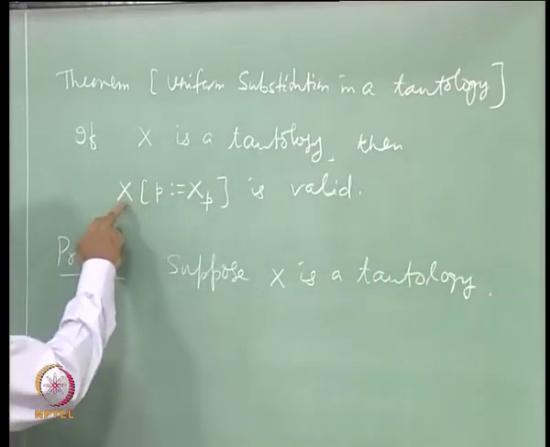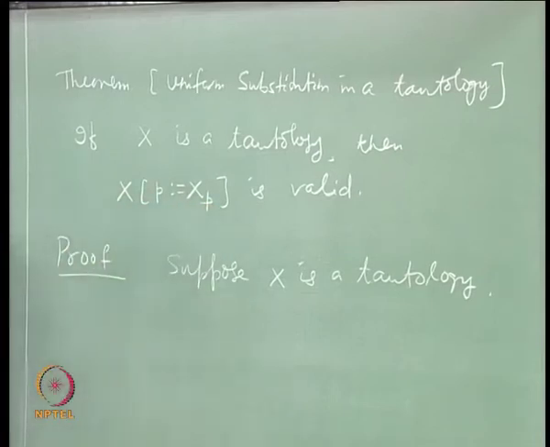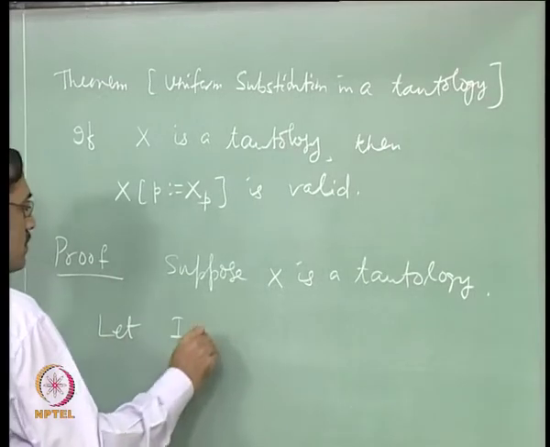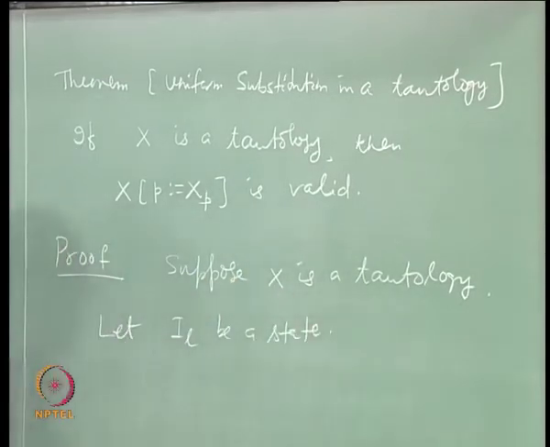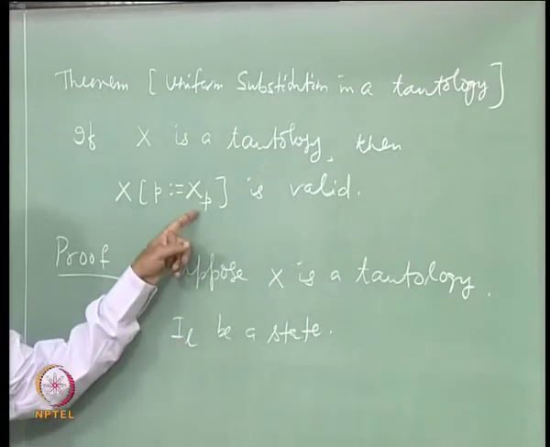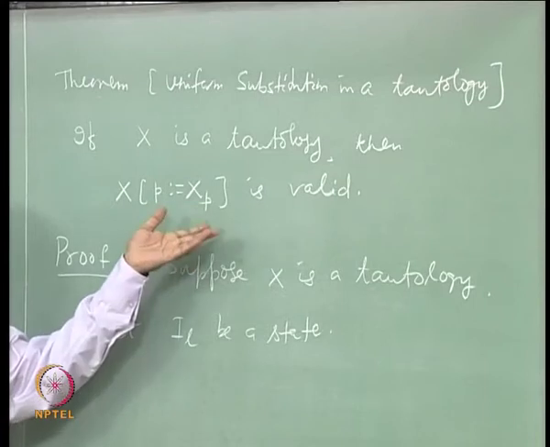We want to show that X_p replaced by X_p is valid. So, let I_L be a state. Now, I_L satisfies X_p, it is a model of that, or it is not.